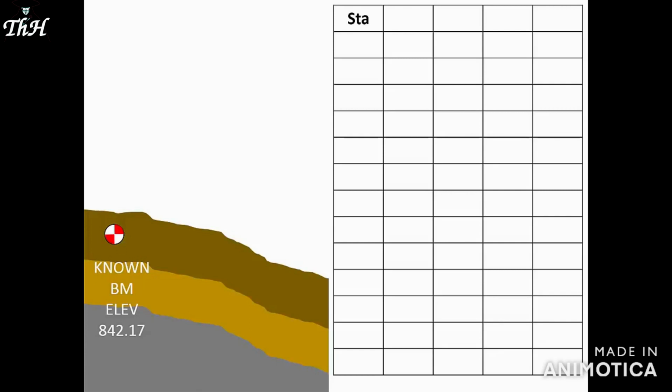The next three columns will contain backsight readings, abbreviated as BS, heights of instrument, HI, and foresight readings, FS. The fifth column will contain elevations. Well, first, we'll set up our instrument where we can see the rod sitting atop the known benchmark. In the notes, we'll record the rod location, in this case, BM for benchmark, in the station column.